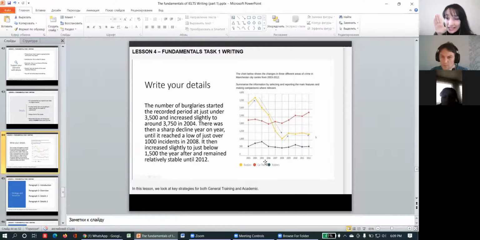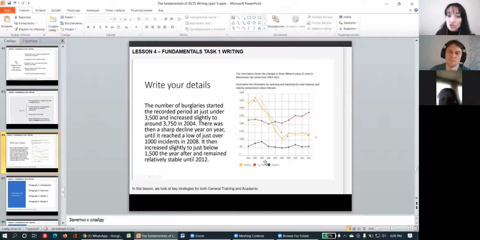And increased slightly to around 3,750 in 2004. You see, the writer gives exactly what he says, no more, no less. Don't invent information. It will take your points away.